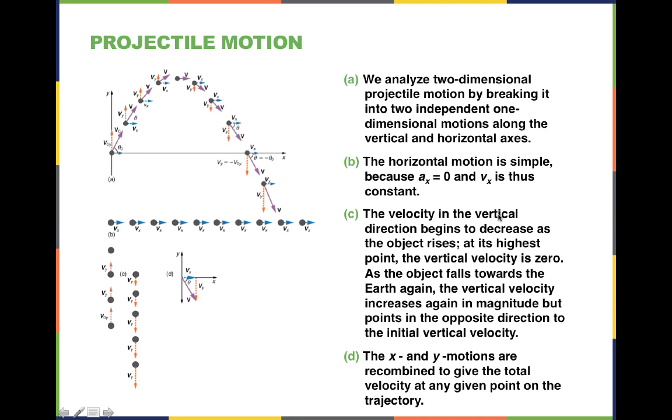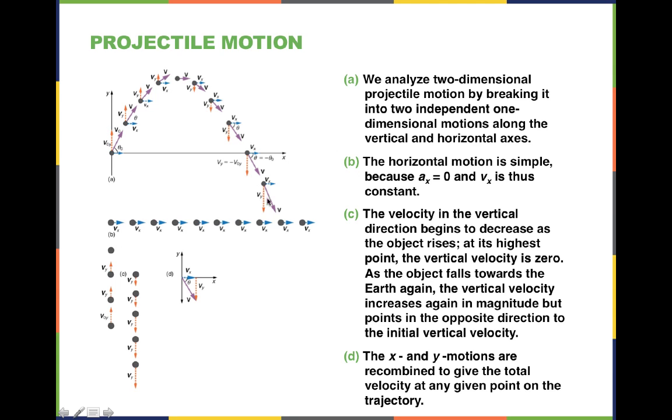The y component, the vertical component, has gravity acting on it throughout its entire flight, and so as it goes up, it decreases in velocity until it reaches the peak or apex. At that point, the y component of the velocity becomes 0, and then it falls, again with gravity being the only factor that's affecting it, and the y component of velocity is the same here as it is here.